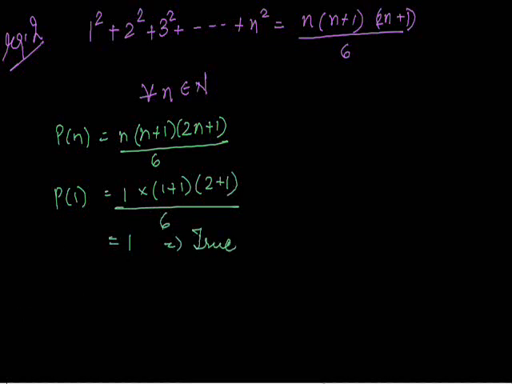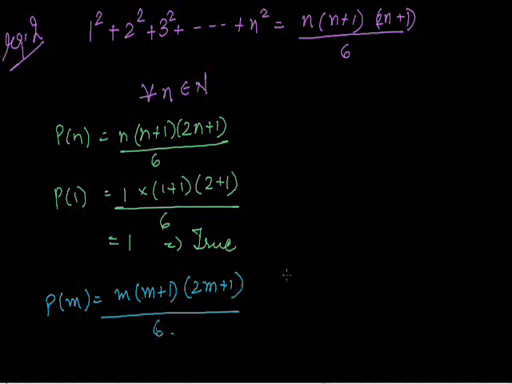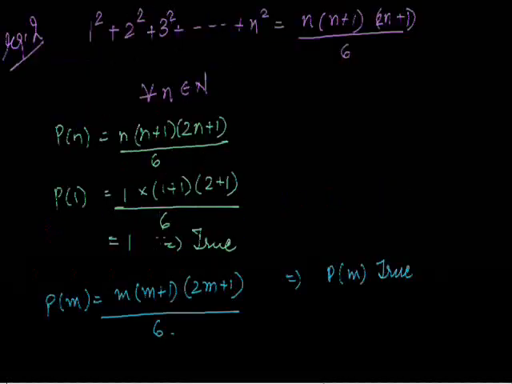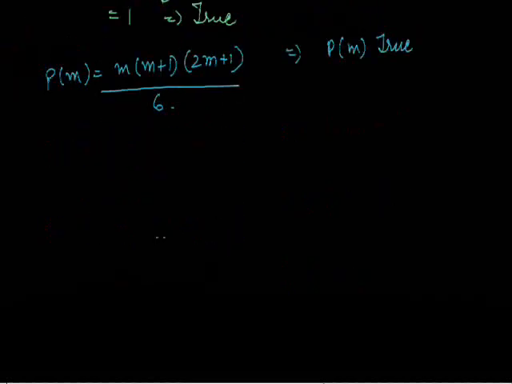Now we'll calculate it for Pm. Pm is m into m plus 1 into 2m plus 1 upon 6. Obviously this P of m is also true. Now using this, we will add the m plus 1th term to it.